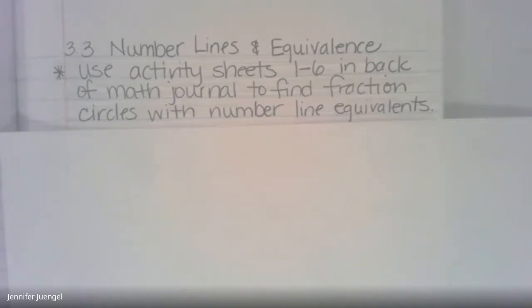You have access to that. You can click on today's lesson 3.3, and you will be able to find those pages in a digital format. You can also go onto our Google Classroom and find them as a printable. So you can use any one of those tools to access the number lines. Those are pictures of fraction circles that also have a number line equivalent. So they'll be very helpful to you for today's lesson.